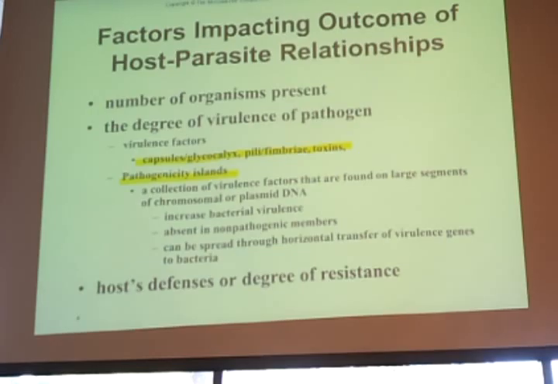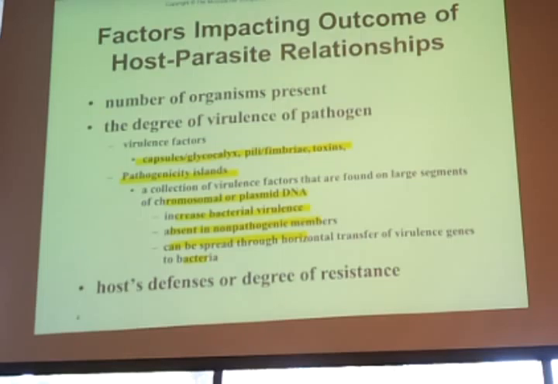So it's a section of the chromosome, and also it says here, or plasmid DNA, that has many of these same characteristics, characteristics that would increase the virulence. They don't see these pathogenicity islands in non-pathogenic organisms. And they also can be spread. So it's just a characteristic grouping of genes that contribute to virulence.